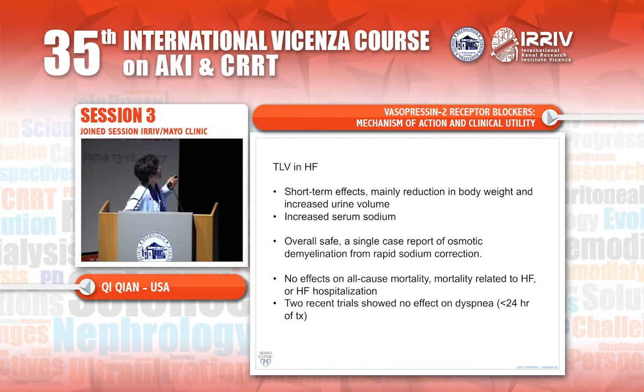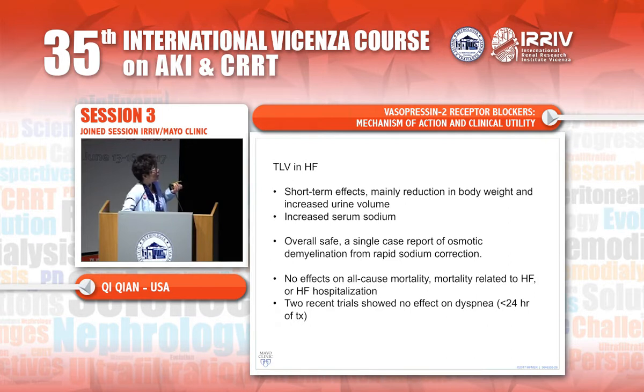So in general, tolvaptan in congestive heart failure has short-term effects of mainly reducing body weight, increasing urine volume, and increasing serum sodium, but it's overall safe. There's only one single case of osmotic demyelination, but the rest of the side effects are pretty benign.